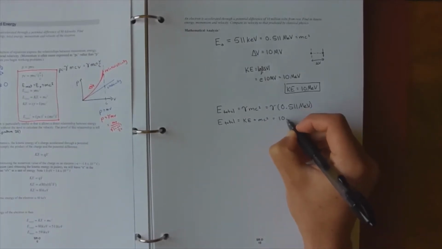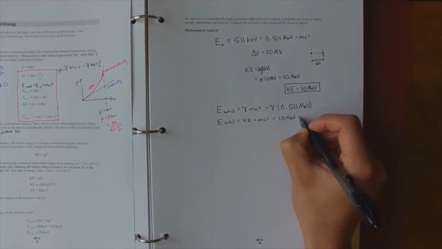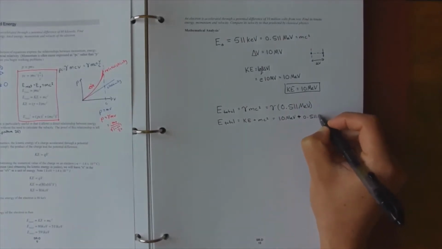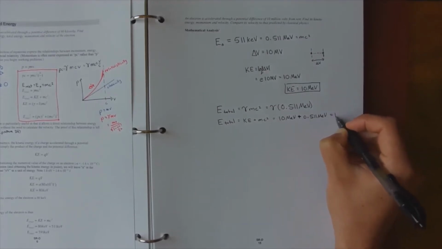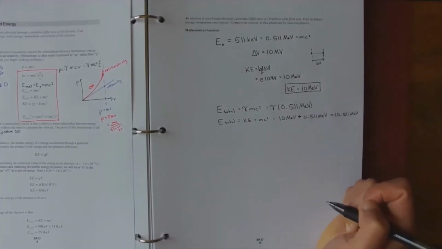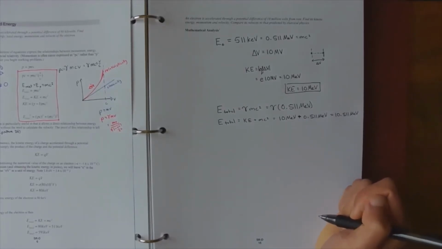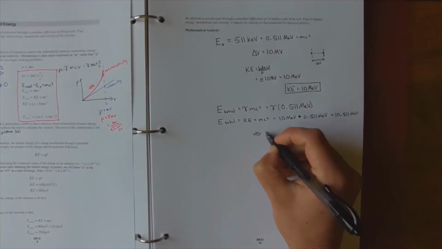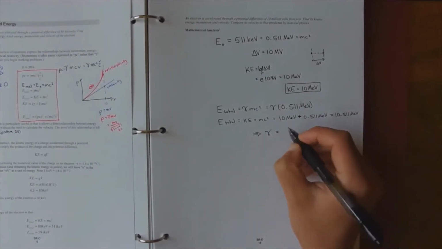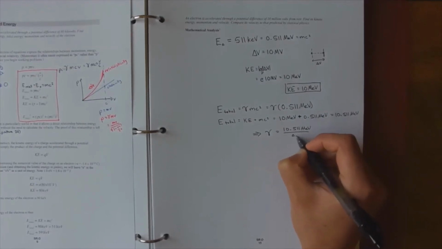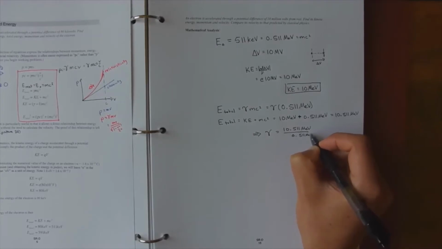I know the kinetic energy is 10 mega electron volts, and I know the rest energy is 0.511 mega electron volts. So the total energy is 10.511 mega electron volts, but it's also equal to gamma times 0.511 mega electron volts. Therefore, gamma is equal to 10.511 mega electron volts divided by 0.511 mega electron volts.